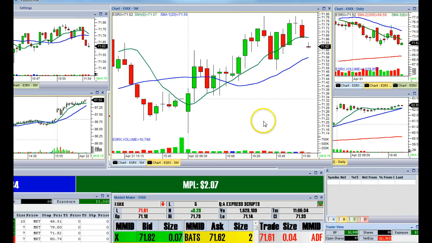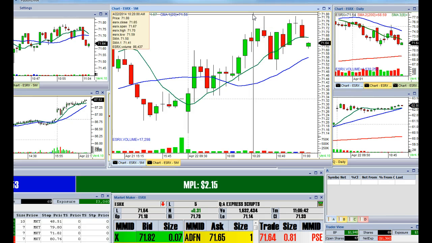Express Scripts. I shorted again, another scenario where it ran up, it pulled back, tried to go higher, couldn't take out that high, and started to roll over lower. So I'm short Express Scripts again. I got a stop up here over that high.